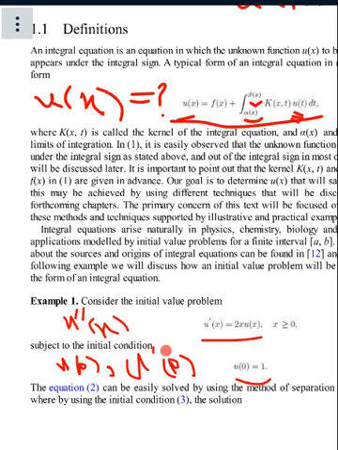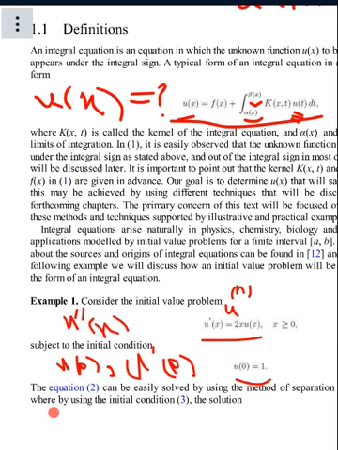Understand? So if the derivative order is 3, you need 3 initial conditions. In general, for a differential equation of order n, if you have the nth order derivative of the function u, you need n initial conditions to have a unique solution.